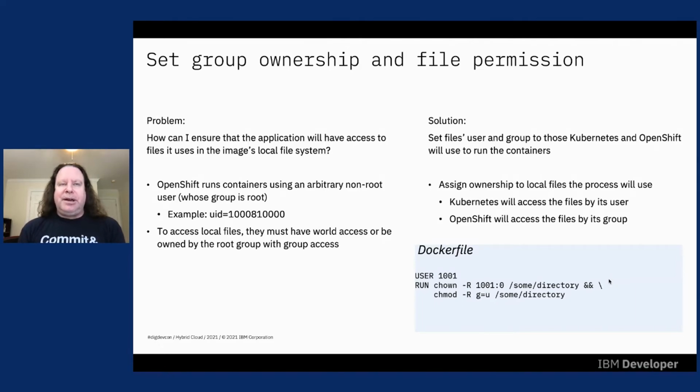This is not required by OpenShift. You don't need it for Red Hat certification, but this is a common problem that people run into in OpenShift because, again, their containers are designed to run as root. OpenShift is the first time they run it as non-root and they find that it doesn't have file access. This is how you handle those file access errors to enable the process to be able to access the files.